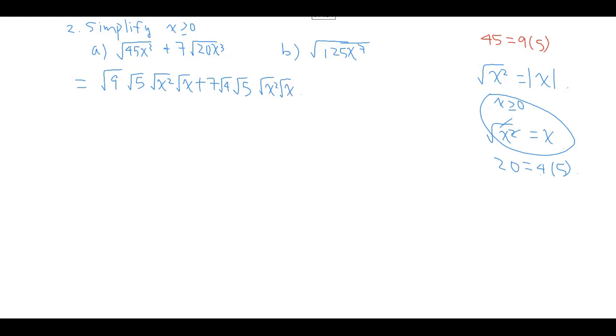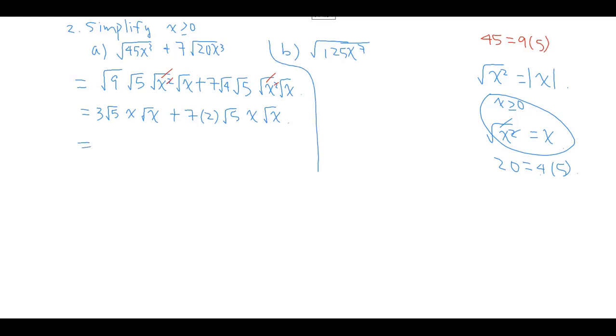Since here x is greater than 0, the square root of x squared, you can cancel them. And the square root of 9 is 3. Then you have the square root of 5, then you have x times the square root of x. And very similarly, you have 7 times 2 times the square root of 5 times x times the square root of x.